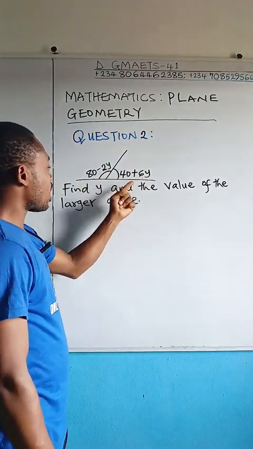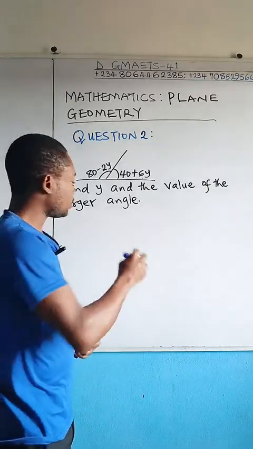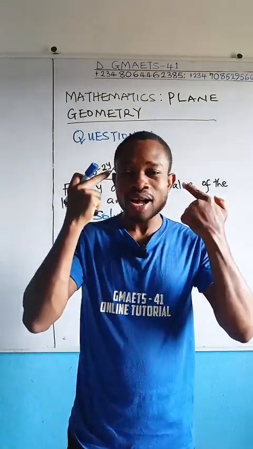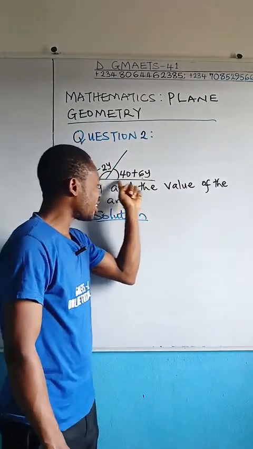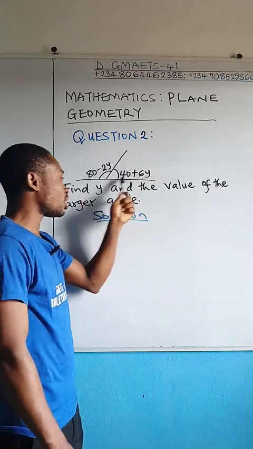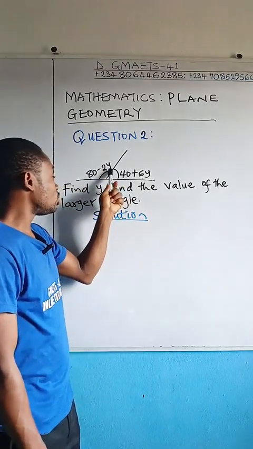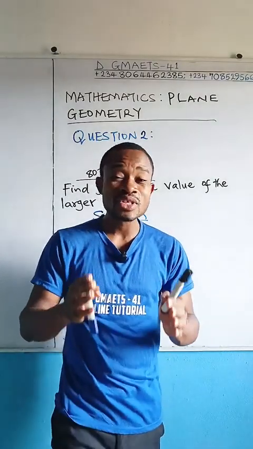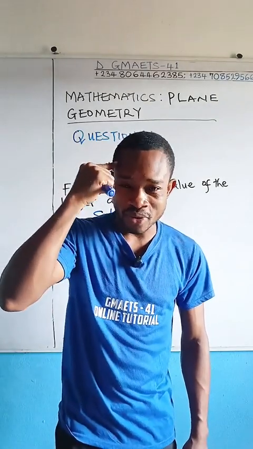Now we are given this diagram and we are asked to find y and the value of the larger angle. One of the basic secrets you want to have in mind is that for plain geometry problems where you have a straight line like this, and then angles are formed on that straight line, we have this theorem, this rule that you have to memorize.